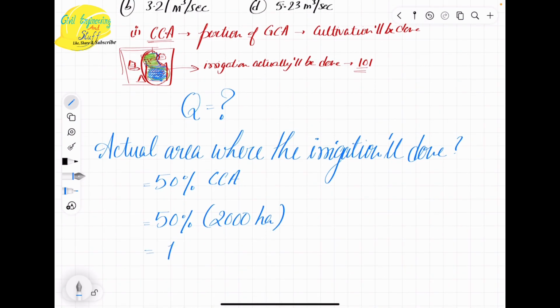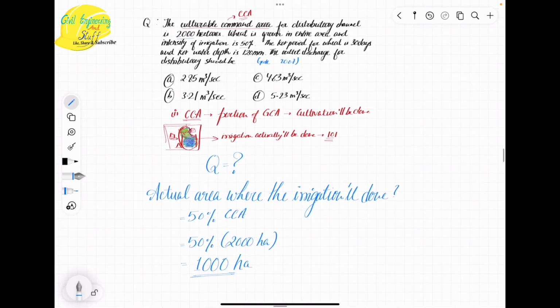So the value will come out to be 1000 hectares. So first thing is that we are going to be doing irrigation for 1000 hectares.